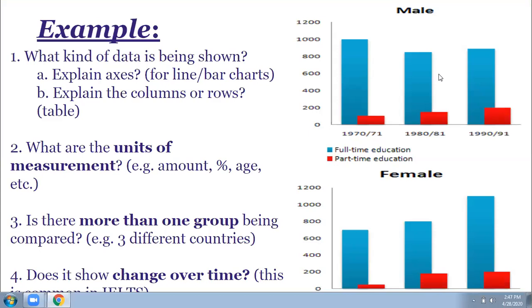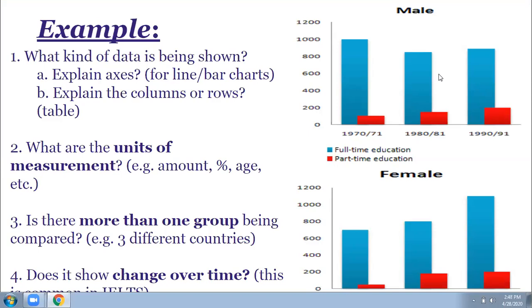So now, working on these questions, I'll come up with an example. On your right hand side, you can see there's a chart. The first question is, what kind of data is being shown? As we have seen in the axes, the horizontal axis shows the time, which is the 70s, 80s and the 90s, and the vertical axis is a number.